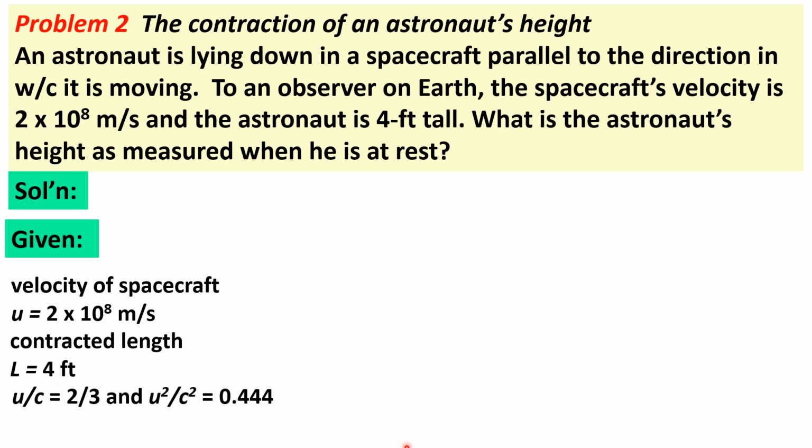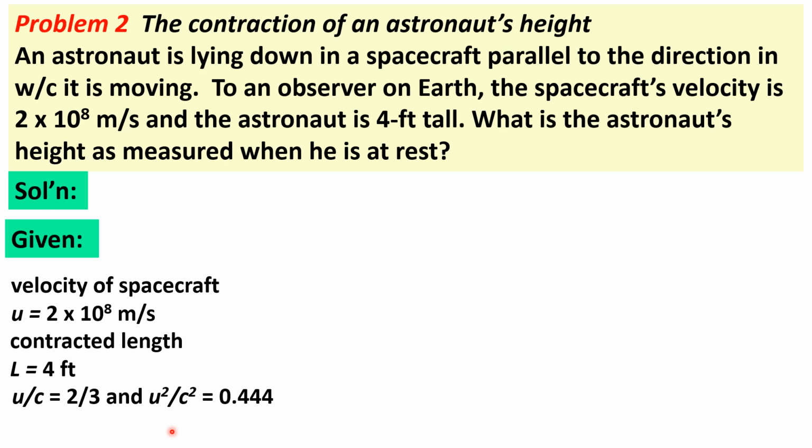If we get the ratio of the speed of the spacecraft to the speed of light, that becomes 2 times 10 to the 8 meters per second divided by 3 times 10 to the 8 meters per second, or simply the ratio is 2 over 3.